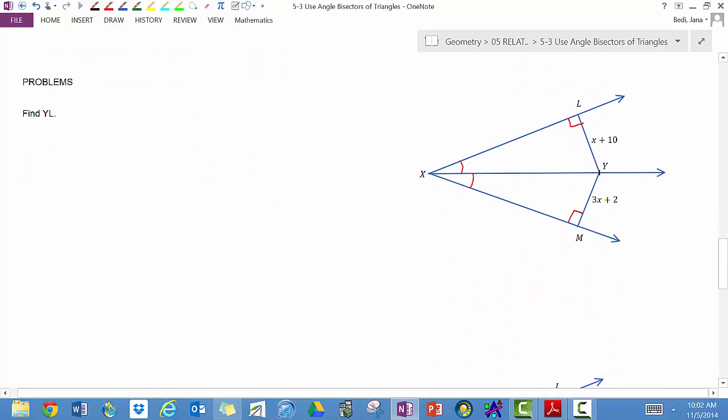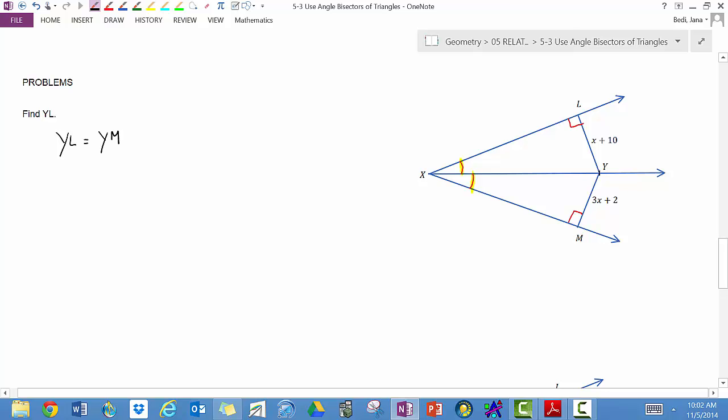So let's apply our newly found knowledge to these problems. So let's see, what do we see here? First thing we see is an angle bisector because I see these two angles that are marked congruent. So I know that because this is an angle bisector, YL is going to be equal to YM.